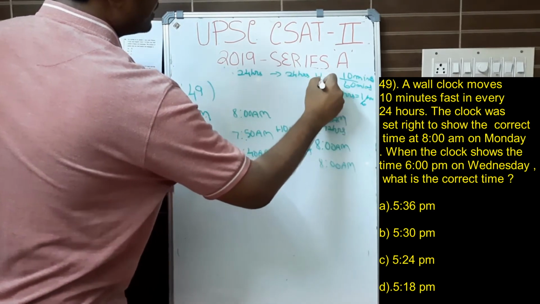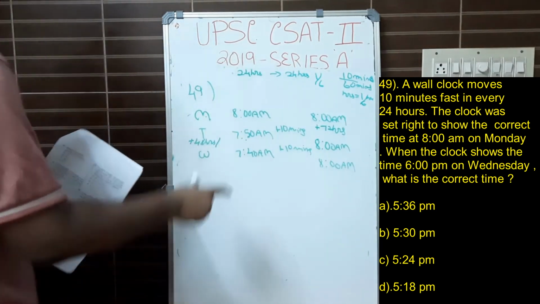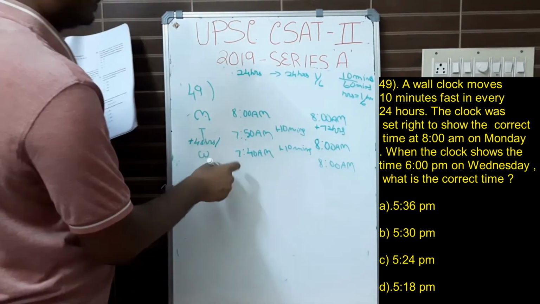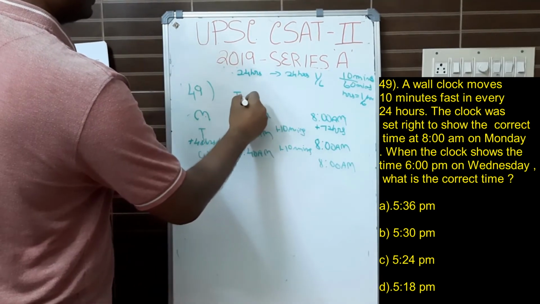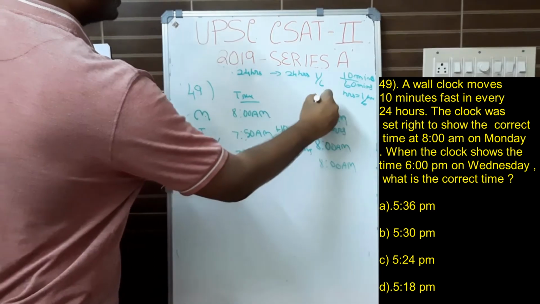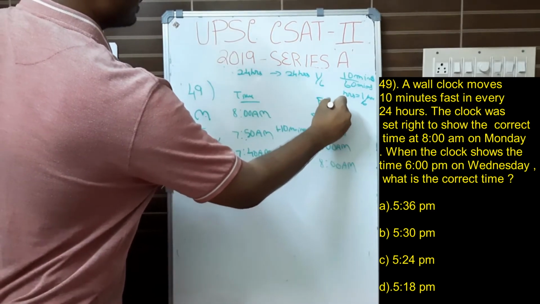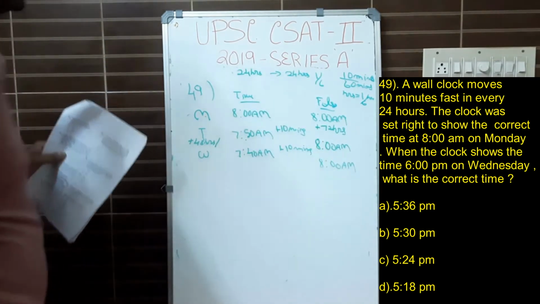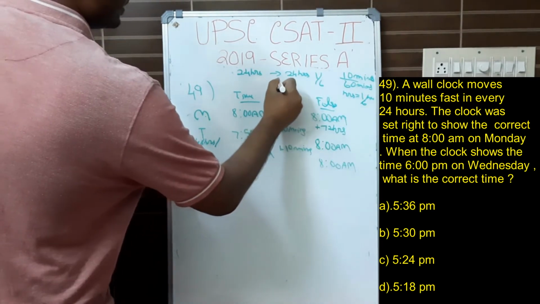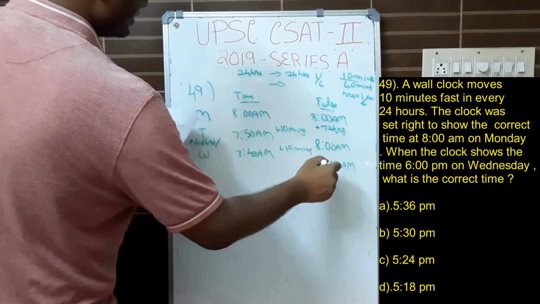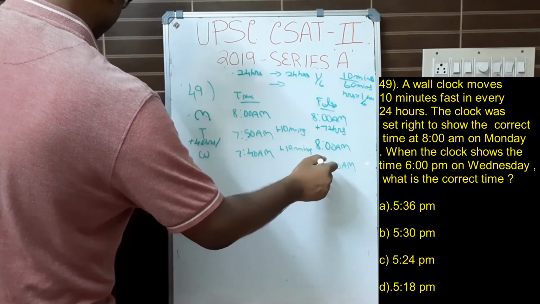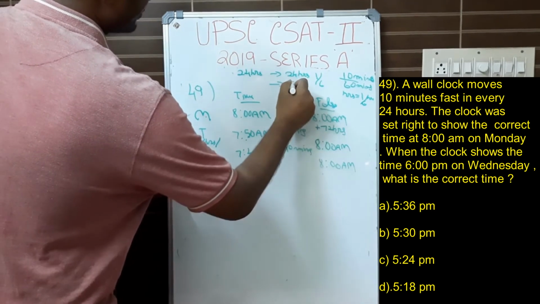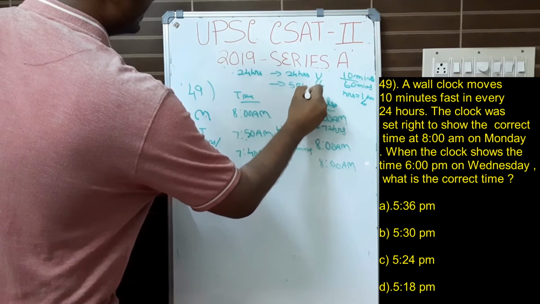So every 24 hours that elapses in the true time, the clock would show 24 hours, 1 by 6 hours. So if you add from Monday 8 a.m. to Wednesday 6 p.m., you are going to get a total of 58 hours.